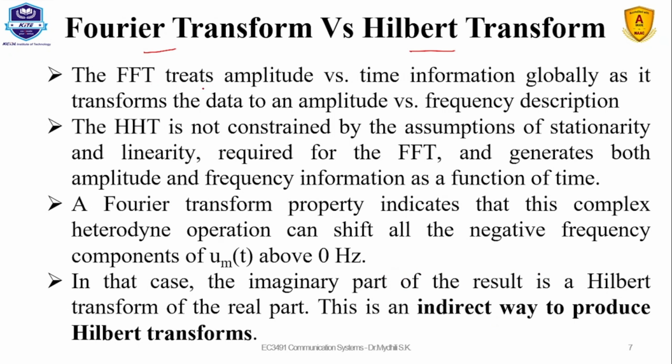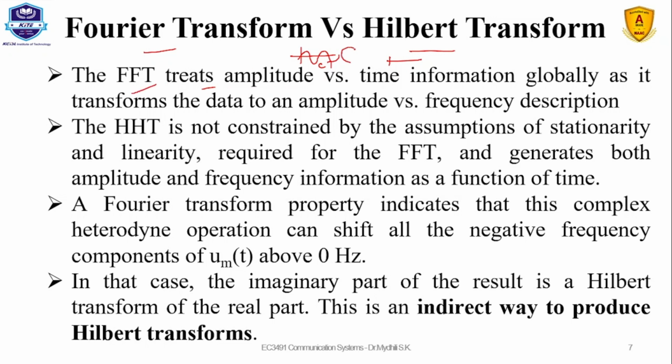The FFT treats amplitude versus time information globally, as it transforms the data to an amplitude versus frequency description. That is nothing but converting a continuous time signal into a discrete signal in terms of Fourier transformation.